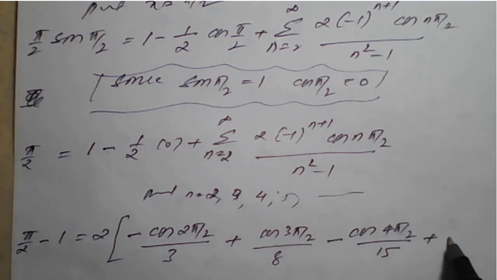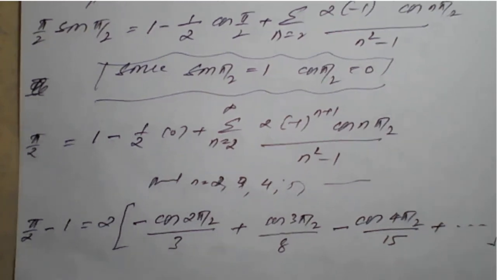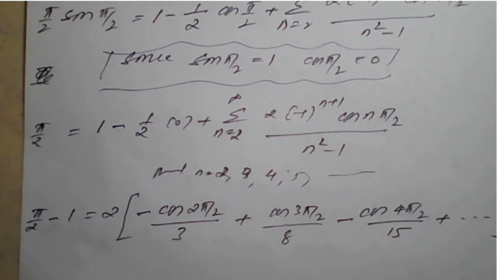Next sign is plus, and so on. Because here the 2 cancels, cos of pi is minus 1, cos of 2 pi is 1, but cos of 3 pi by 2 is 0.